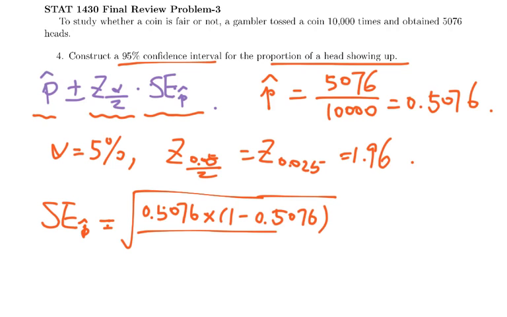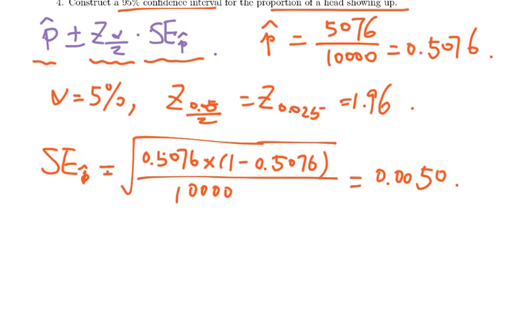and this is equal to 0.0050. And then we can put all pieces into the formula, and the confidence interval is p hat 0.5076 plus or minus 1.96 times 0.0050.